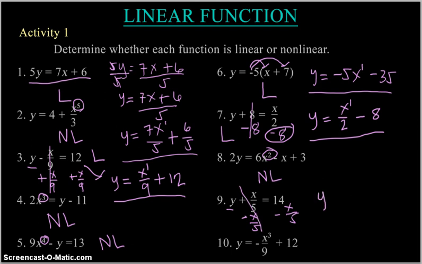So naiwan si y is equal to negative x over 5 plus 14. Ang exponent niya ay 1, and this is a linear function. And number 10, so ang exponent ng x ay 3, so non-linear function. Okay.